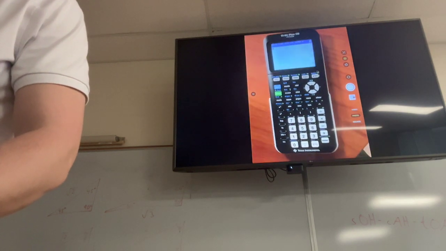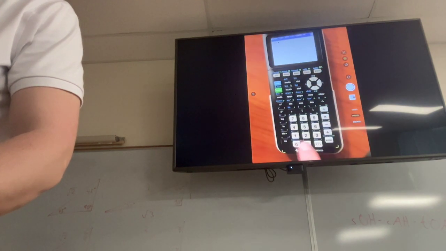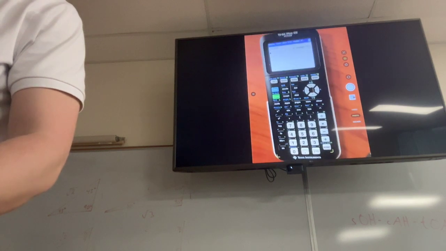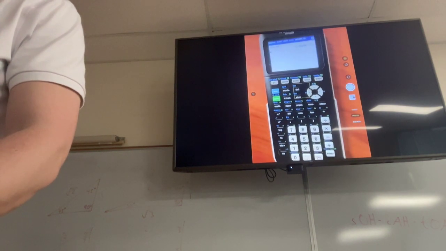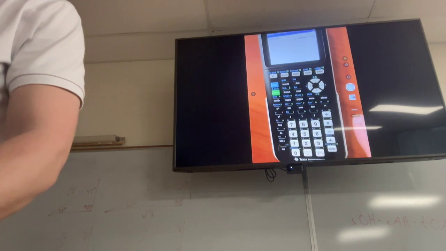So I'm going to do cosine of 10 degrees. I do that by hitting the cosine button, and then I put a 10 in, and I hit enter. That's going to give me the right answer as long as I'm on degree mode. How do I go from that to secant? Flip it. What button flips it on my calculator?